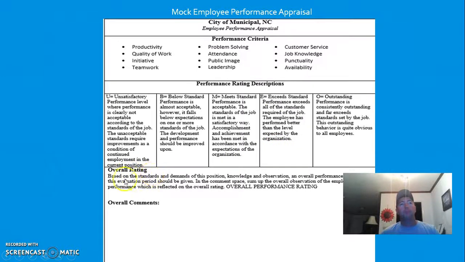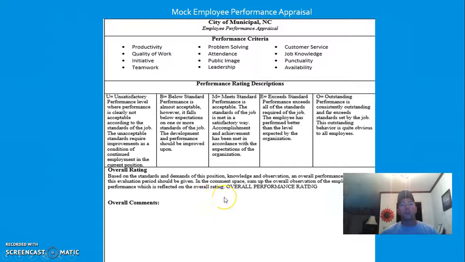At the bottom here is the overall rating. Based on the standards and demands of this position, knowledge and observation, an overall performance rating for this evaluation period should be given. In the comment space, sum up all of the overall observations of the employee's performance, which is reflected in the overall rating.